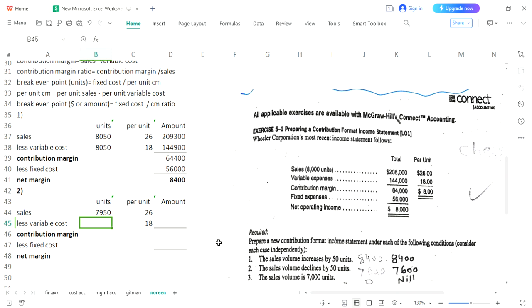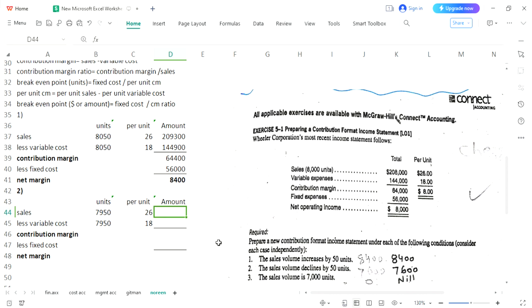Obviously, for the cost you will use the same number of units, 7950. And how did we establish this fact that the number of units sold and cost would be the same? Obviously, if you are selling something, those units must be in your possession. If the same number of units is present, then you will be able to sell them. So here, if you are selling 7950 units, the same number of units would be used for the cost as well.